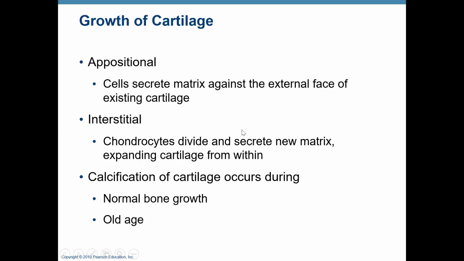Now, anytime you grow in length, it's referred to as interstitial growth. If you're growing in density or diameter, it's referred to as appositional growth. So when bone or cartilage starts growing in density, the cells that make up the matrix, the medium of the tissue, for cartilage are called chondrocytes.